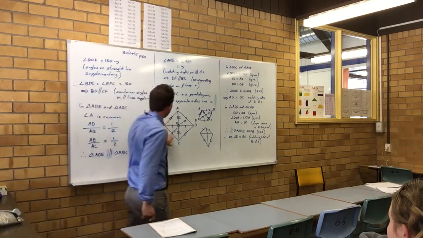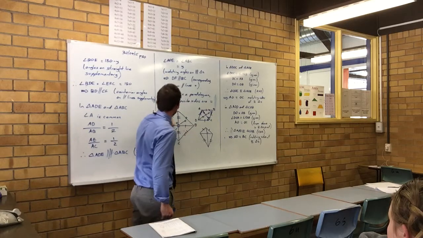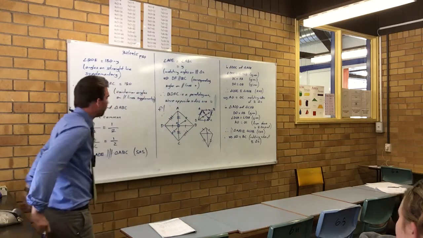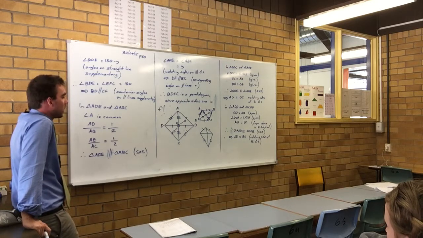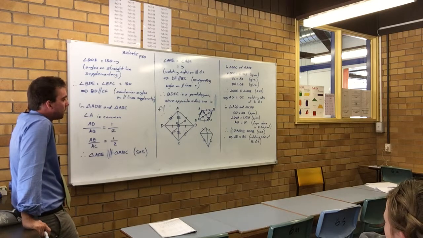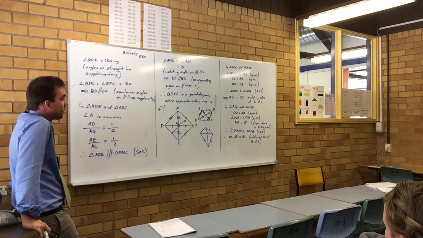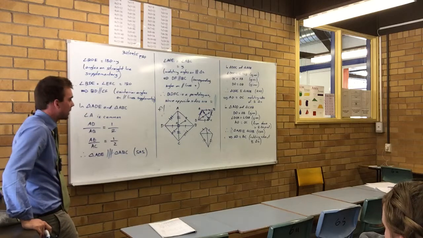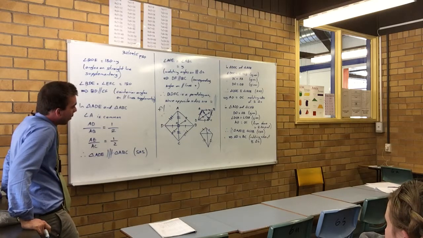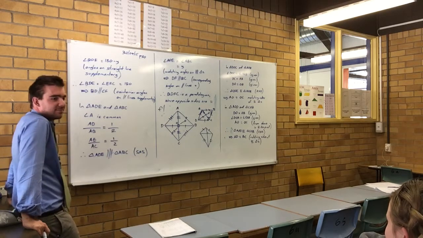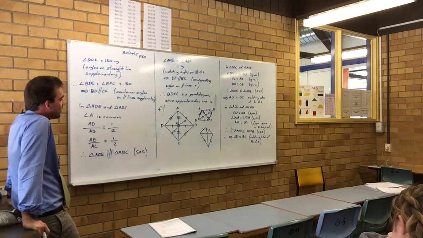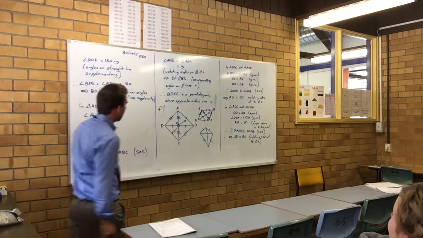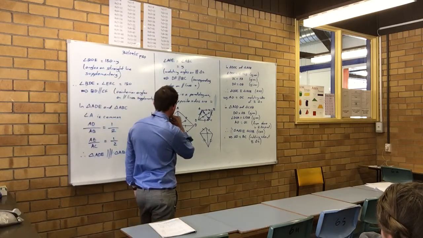However, if we could justify these two sides are equal in length, we'll be done, because we don't have to show parallel necessarily, we can just do equal sides. However, looking at it again, I'm actually going to go parallel.